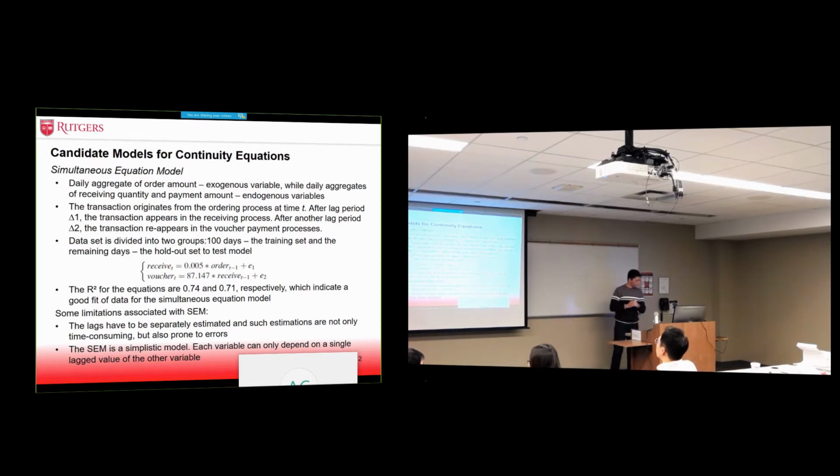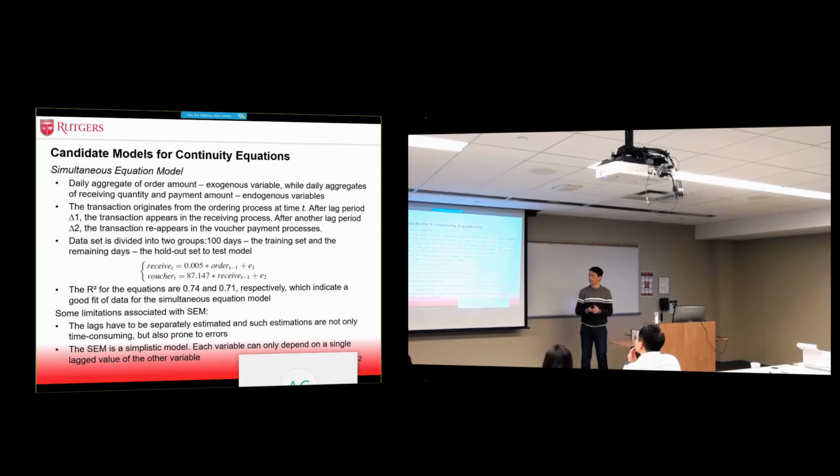Okay, so R squared for these equations are 0.74 and 0.71, which shows good fit for the data. One problem with implementing this model is these lag estimations require some effort from auditors.